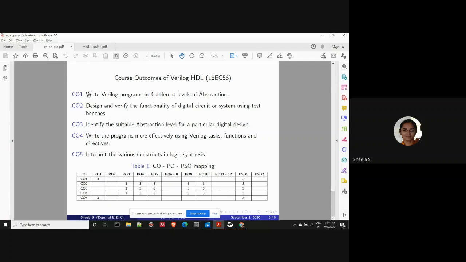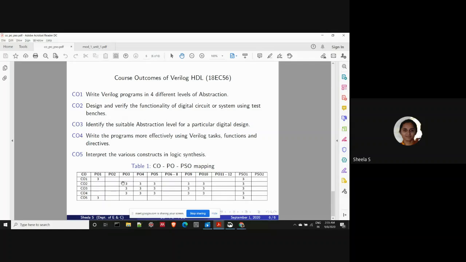So when we are designing, it's understood that it has attained PO1 as well as PO2. If you have engineering knowledge and analysis of problem capacity, then you are able to design. That is why we strongly map CO2 to PO3.